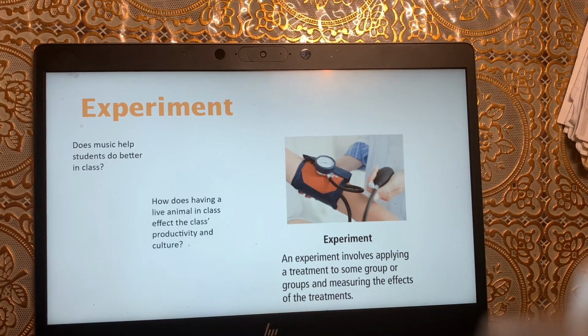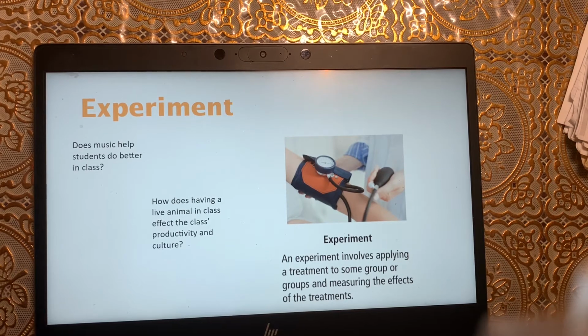Okay. How does having a live animal in class affect the class productivity and the culture? This can be done with different sample classes: classes with live animals and classes without, and then you compare that.